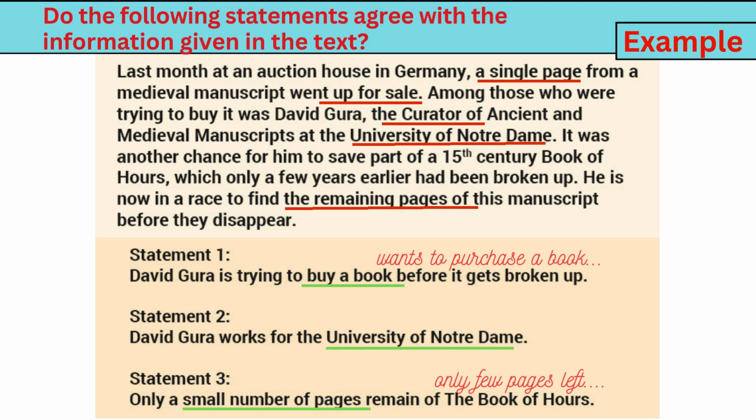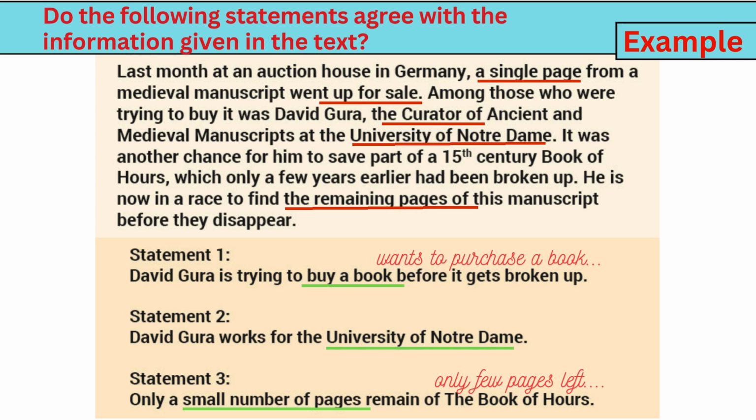The third statement says that only a small number of pages remain of the book of ours. It is really important to understand the last sentence of the passage. He is now in a race to find the remaining pages of this manuscript before they disappear. So this is really confusing for many students. They say, okay, we see the remaining pages, as a keyword also in the statement, small number of pages remain.